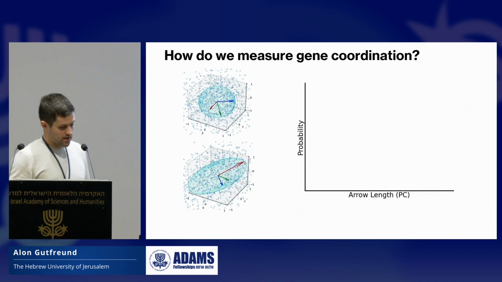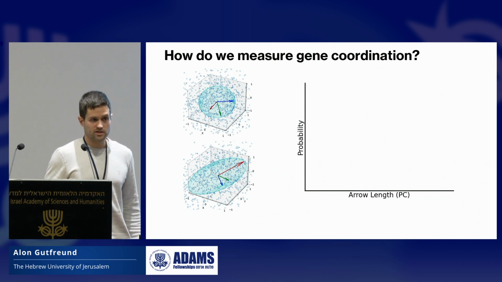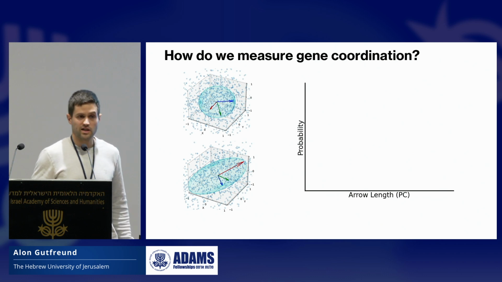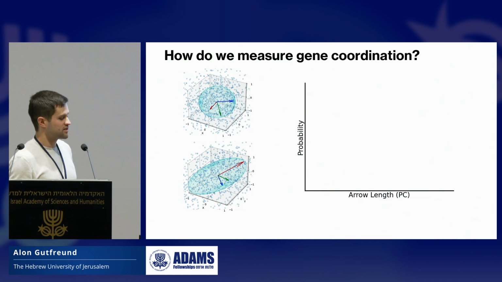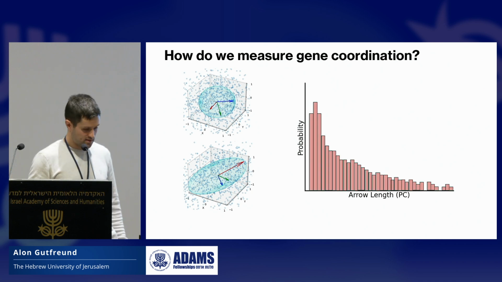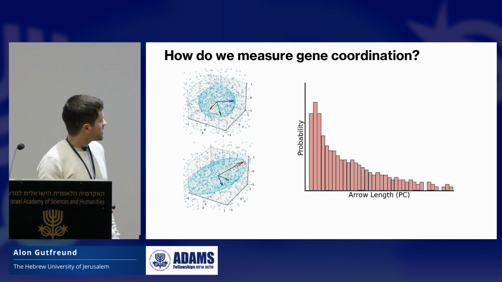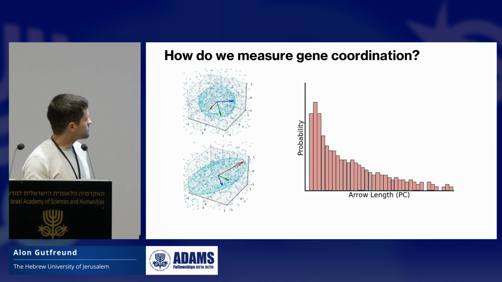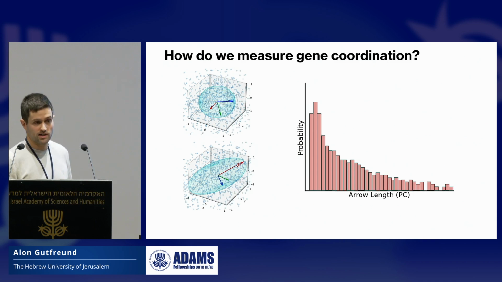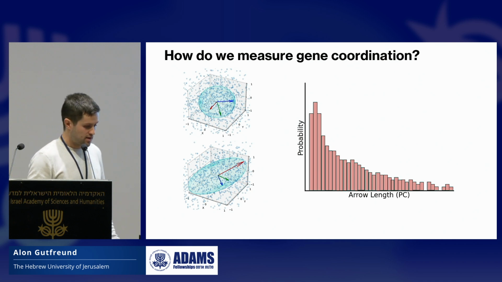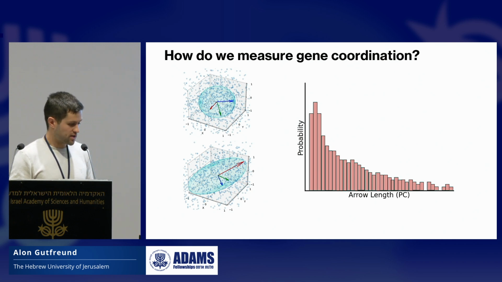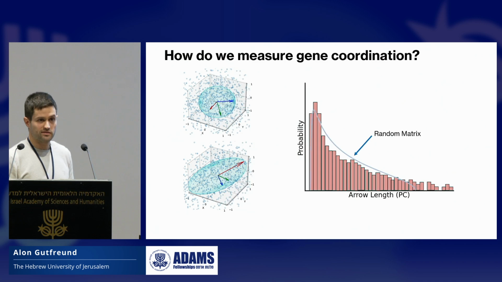And then when we have our biological data, which contains thousands of dimensions and obviously cannot be plotted and visualized with our eyes, we can actually plot a histogram of these PCs, where we have just the number of arrows that correspond to a specific length. And this is what we typically get for our kind of data. Now we can compare this to what we would get from a completely random matrix.